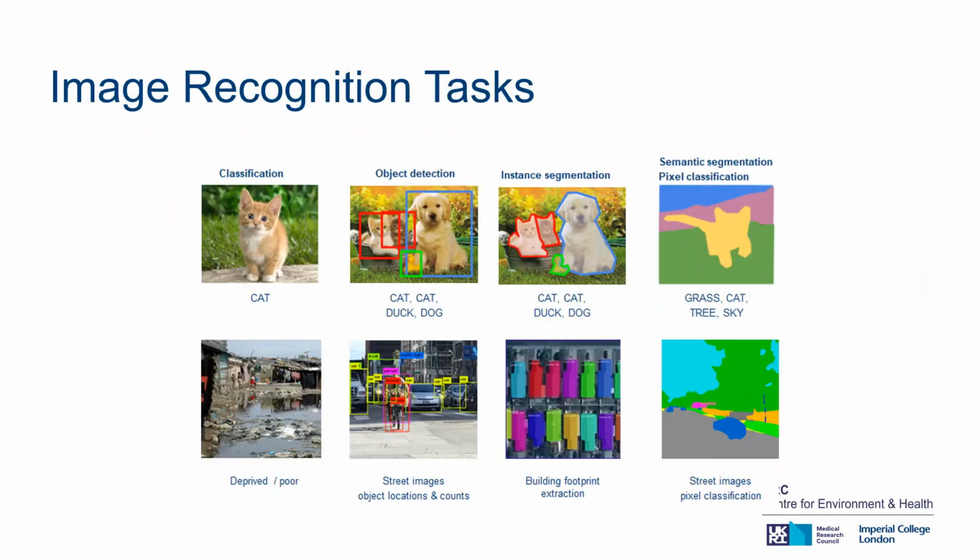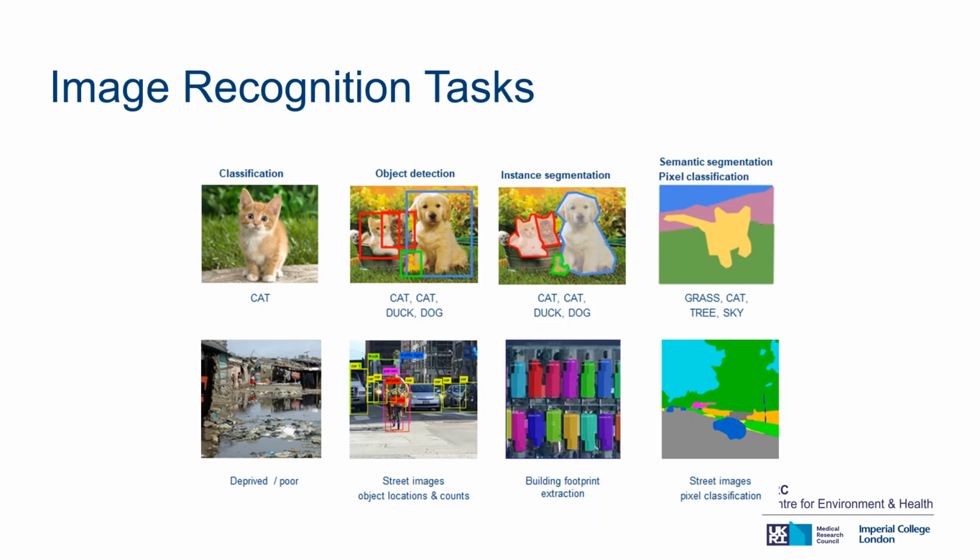Within machine learning and computer vision specifically, we're not always interested in just classifying the image. We might also want to detect objects and bounding boxes within the image, look at instance segmentation pixel-wise, or completely segment the entire image. In addition, for classification, we might be interested in looking at urban environments which are associated with wealth or with poverty.